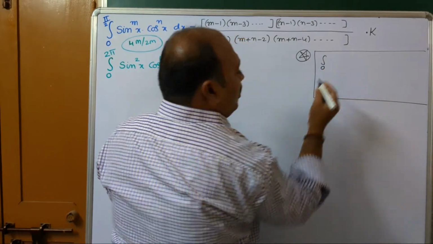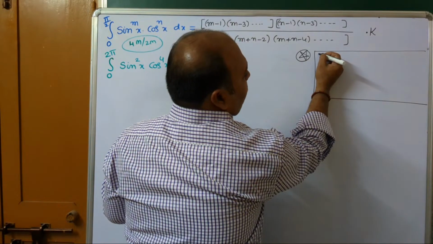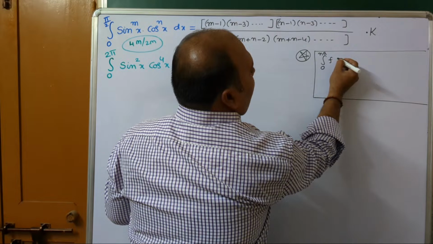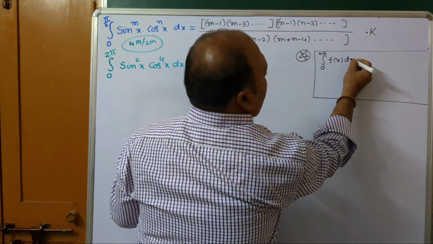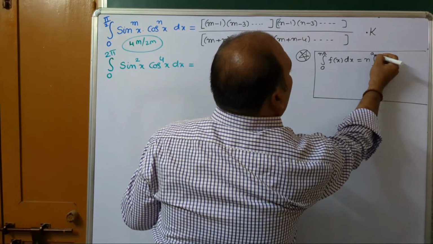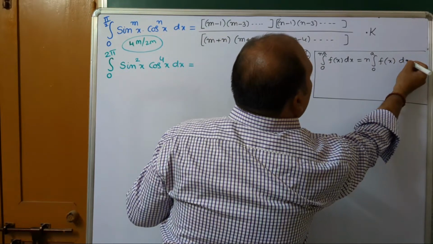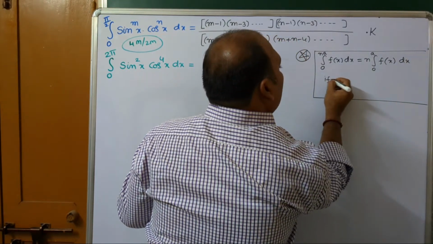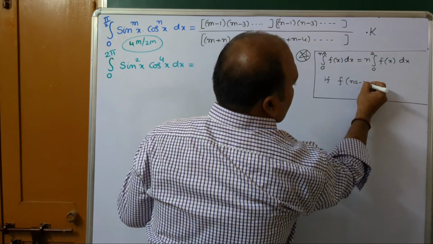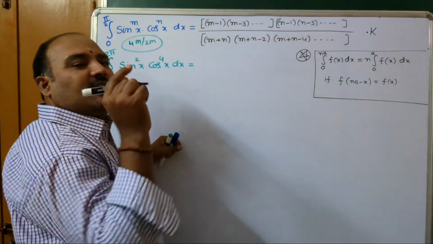Integral 0 to na f of x dx is equal to n times integral 0 to a f of x dx, if f of na minus x is equal to f of x, that means even function.